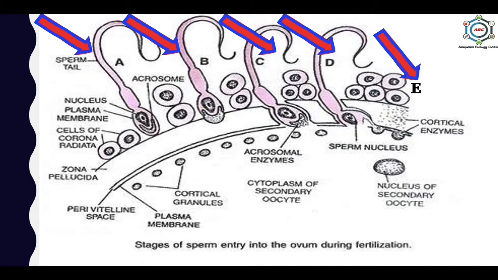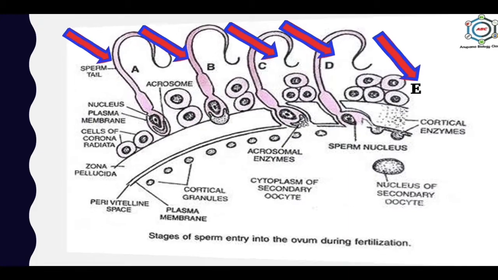Then the activation of the egg starts within minutes, and the rate of cellular respiration and protein synthesis increases greatly. Usually, the sperms fertilize an egg within 30 minutes of ejaculation. So, these are the stages of sperm entry into the ovum during fertilization.